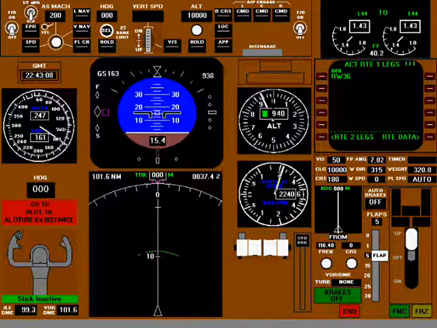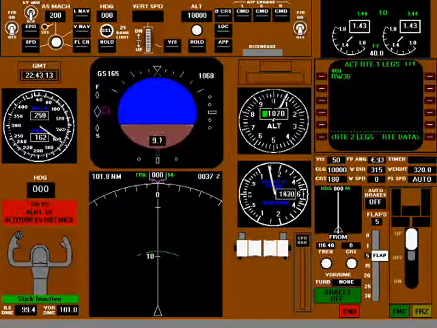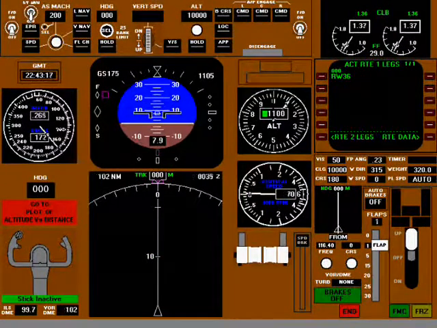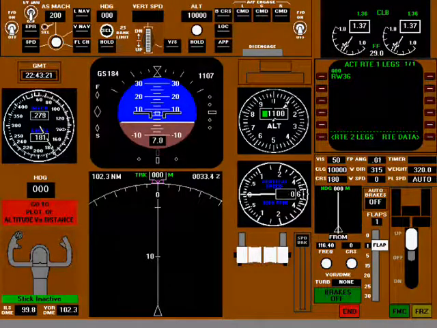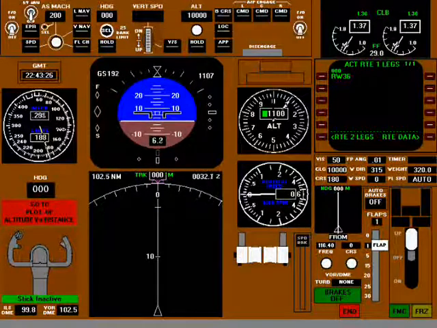At 1,000 feet, we will accelerate, setting flaps 1 at 168 knots and climb power, flaps up at 207 knots, and continue the acceleration to 215 knots, which will be maintained in this best angle of climb profile.